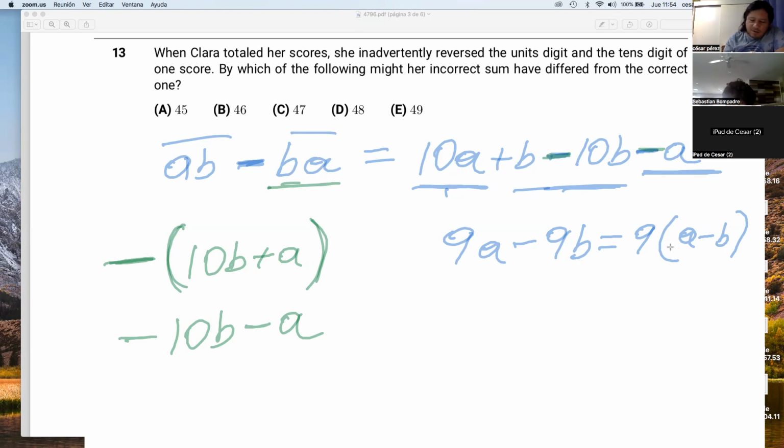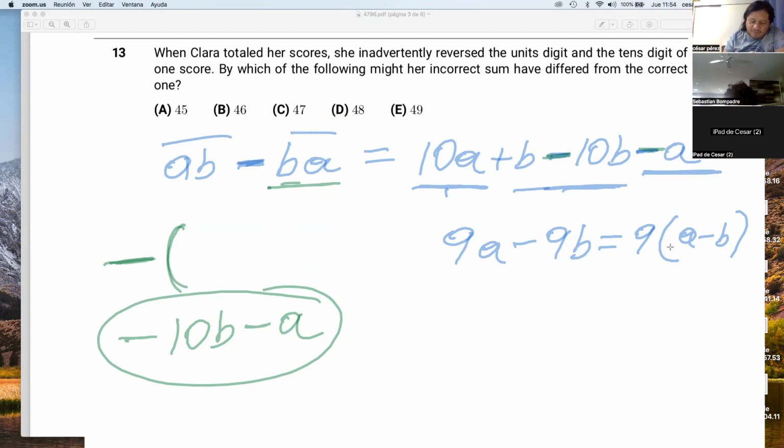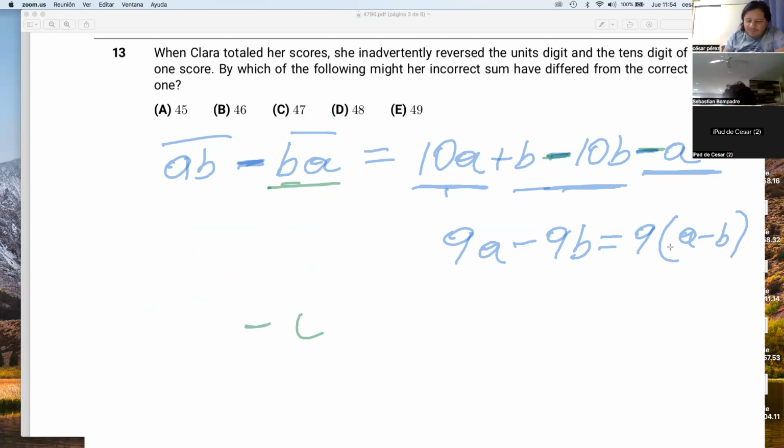We are going to subtract every one of the members of this equation. Now, do you understand this and this?